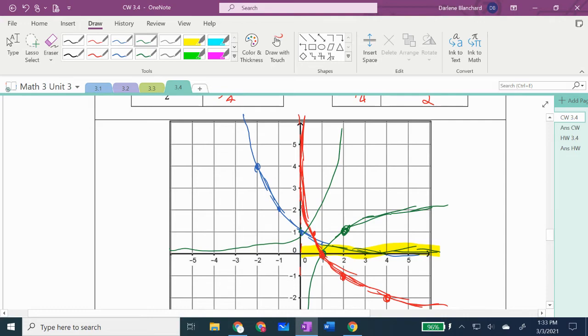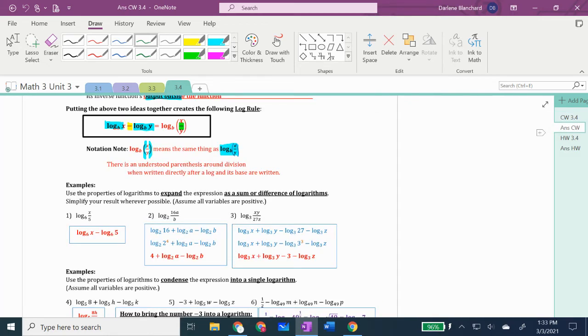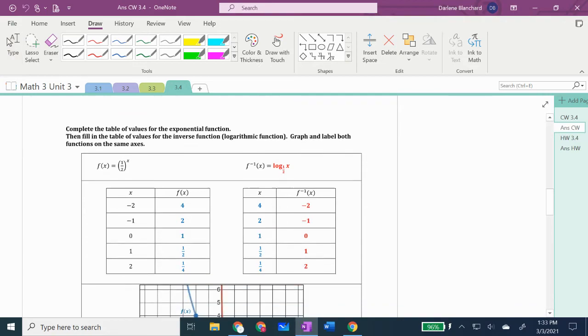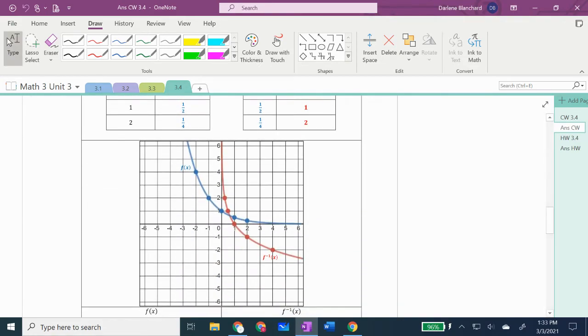Well, when the logarithm has a base that is between 0 and 1, it looks like the regular log function, but reflected over the x-axis. And you can see the way that looks in a nice computer-generated function.